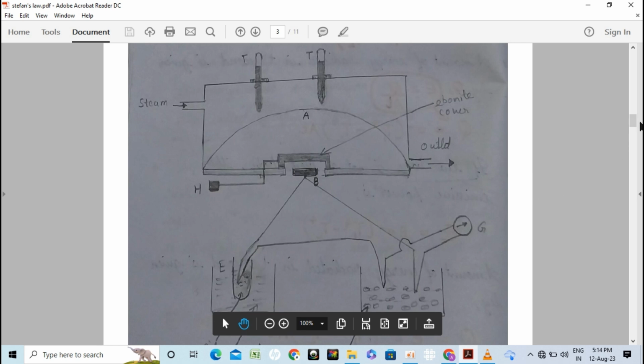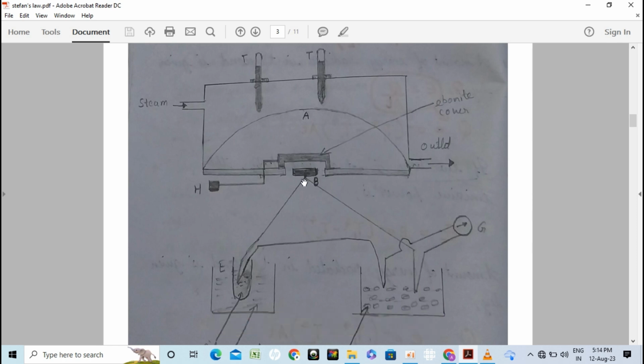Then this water bath is heated so that this junction becomes the hot junction, or hot end, and this becomes the cold end. The disc is kept at room temperature. So there is a temperature difference, due to which a potential difference is developed, and the galvanometer shows some deflection. For each different temperature difference, galvanometer deflections are noted.